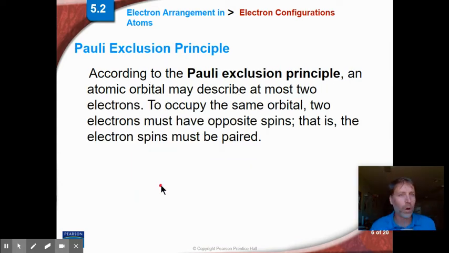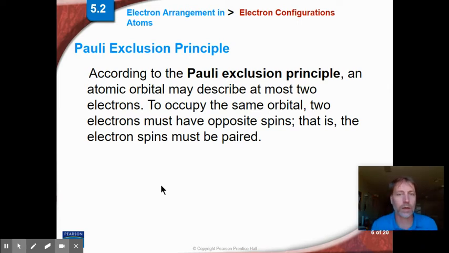Okay, the Pauli exclusion principle is that electrons will spin in opposite directions, and we have a way to note that. So you'll have 2 electrons in each orbital, and they'll spin in opposite directions. One will spin this way, and the other will spin that way. All right.